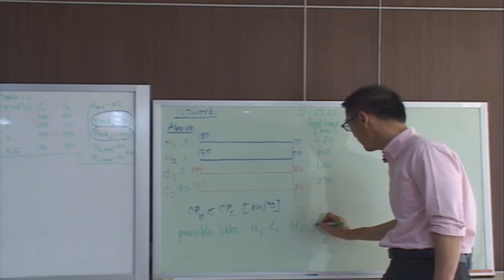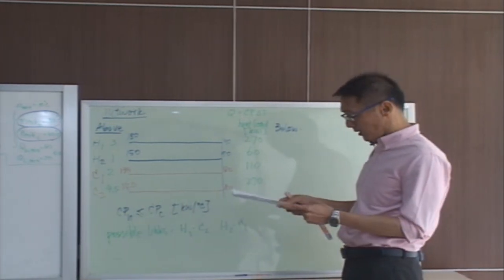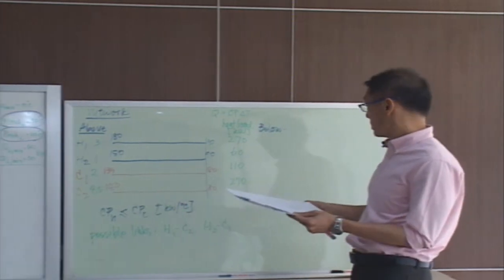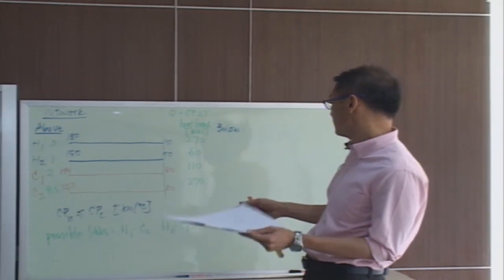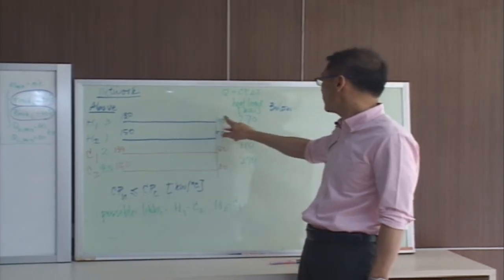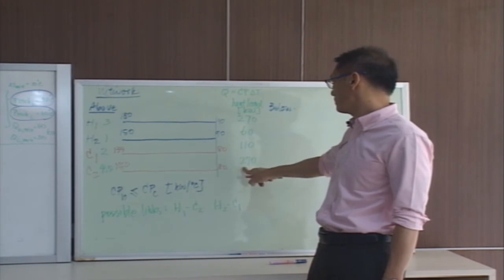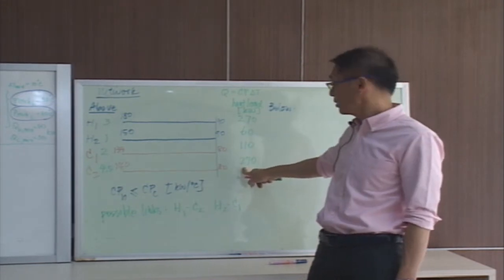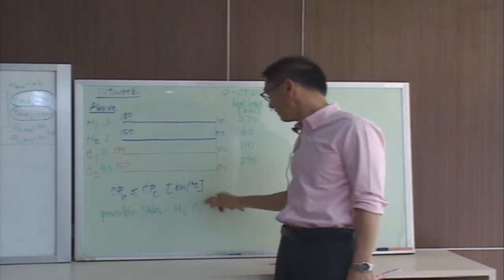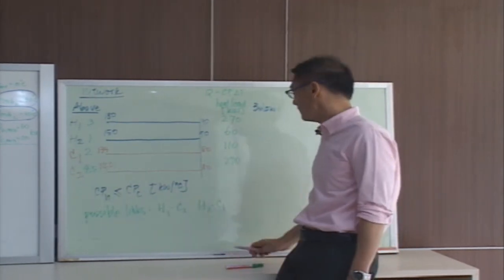H2 and C1. Now let's see what we can do first. Of course, H1 and C2: H1 contains the same heat load as C2, which is in the possible link. So that would be very easy.